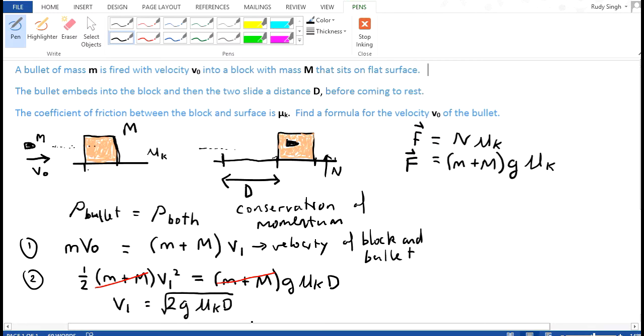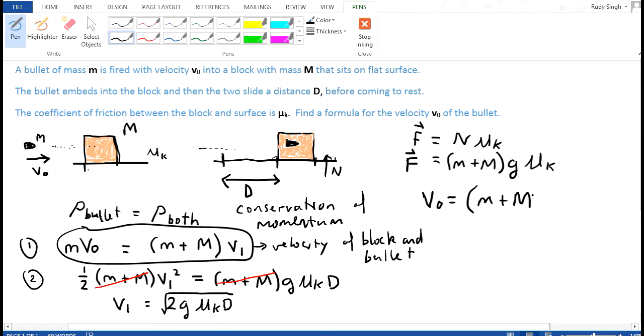And now let's plug that back into our original equation. So if we look at this original equation here, equation number 1, we want to know what v sub naught is. Well, v sub naught is equal to m plus M divided by m.